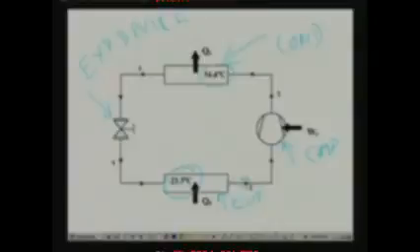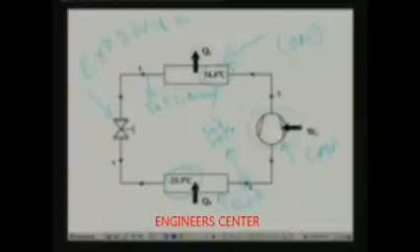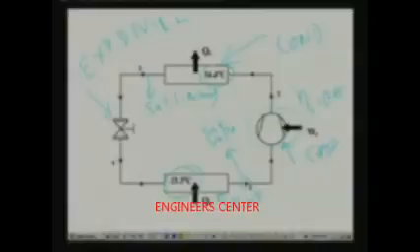So the exit condition here is saturated vapor, and the condition at the exit of the condenser is saturated liquid. This is the information given, and this compression is not ideal. So you have an efficiency for the compressor which is given by 0.65.